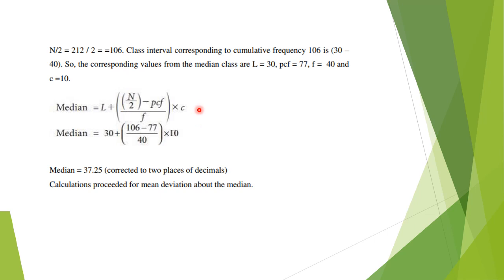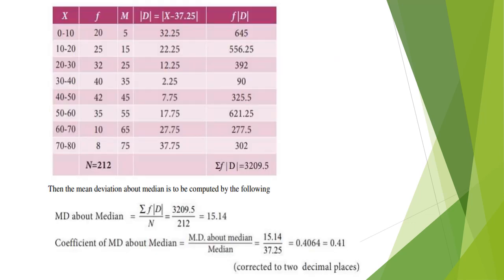Next, the calculation proceeds for mean deviation about the median. Again, first we write the observations, second the frequency, third the mid value, which we find as lower limit plus upper limit divided by 2, that is 0 plus 10 divided by 2, which is 5.